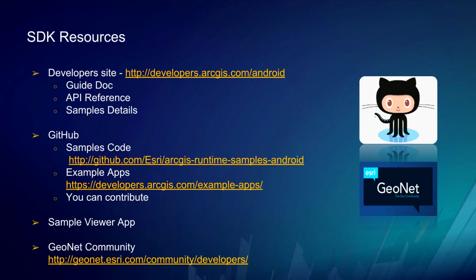You just download it on your device, view all the samples, decide which ones you are looking for, and then probably go to GitHub to get that particular sample. There's an option to read the code as well in the sample viewer. That will be available in a week or two on Play Store.